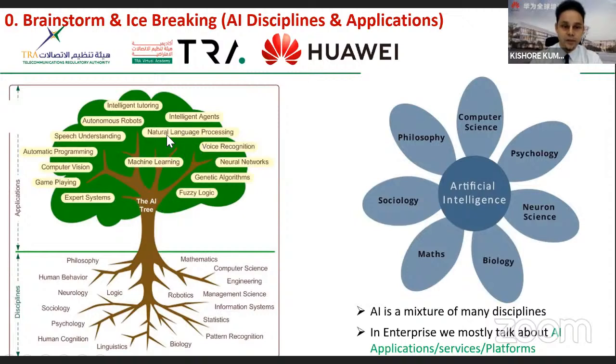There are also natural language processing, voice recognition, different types of recognition, neural networks, intelligent agents, computer vision, and so many things. In short, in academia we call AI a mixture discipline, but in the enterprises, we call it applications, different types of applications. AI is a box of tools. AI is a box of applications or services.